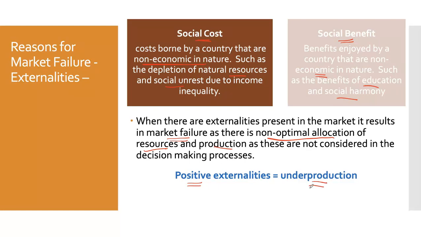So if the benefits are being ignored, we're going to produce less than what we actually should. Maybe more common, if we ignore negative externalities, we might do overproduction because we are ignoring some of the social costs of the production.